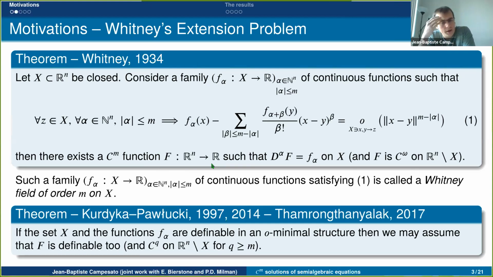This theorem was proved in 1997 by Kurdyka and Pawłowski in the subanalytic case, and then it was generalized to the general o-minimal setting simultaneously by Kurdyka and Pawłowski and by Thamrongthanyalak. And I will need this theorem later in the talk.